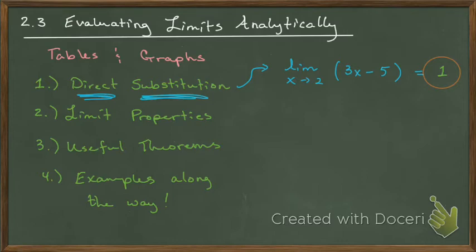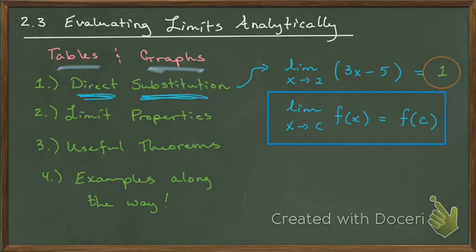Okay? In general, when we can direct substitute, it looks like this. The limit as x goes to c of f of x is equal to f of c. So the limit is equal to the function value. This right here is the function value at c. And again, I underlined here tables and graphs because you can show with a table and with a graph that direct substitution for specific functions does work nicely and make sense.